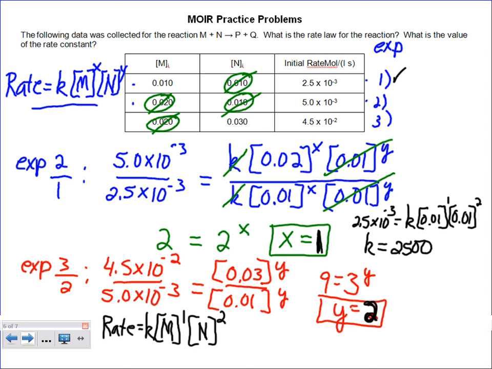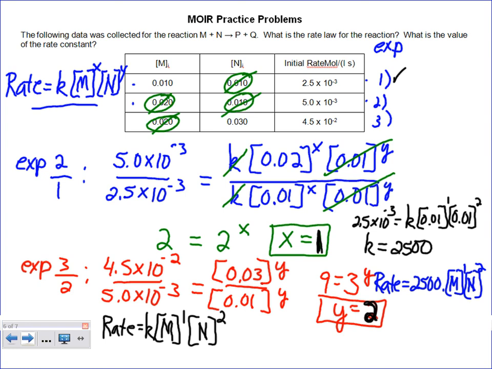So now our ultimate answer, when we throw this all in, we get rate equals 2,500 times M raised to the first times N raised to the second. That is your rate law.